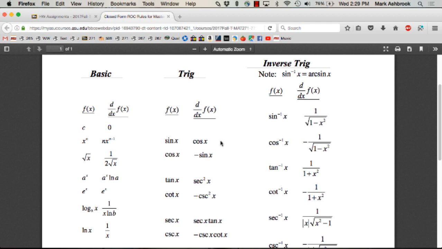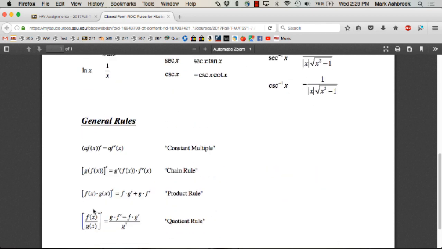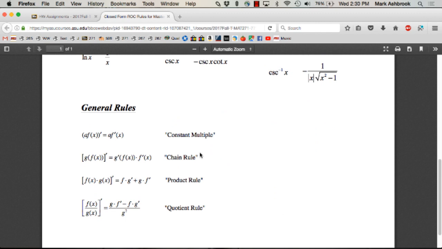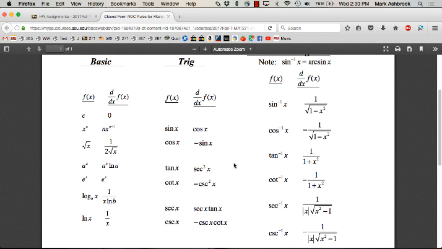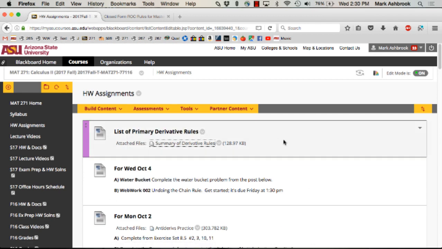Have it right there next to you to do all these antiderivative problems. But when it comes to the test, you've got to know them because this was prerequisite knowledge from 270. I've got all the trig, all the inverse trig, the basic ones, and then your general rules. So right now we're learning undoing chain rule, which is going to involve all these elementary ones. Okay, so that's posted. First post right now, list of primary derivative rules in the homework assignment section.